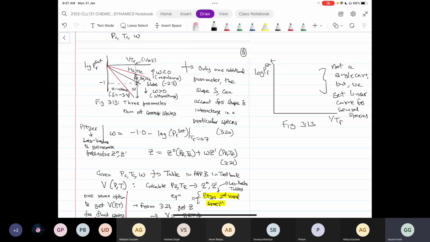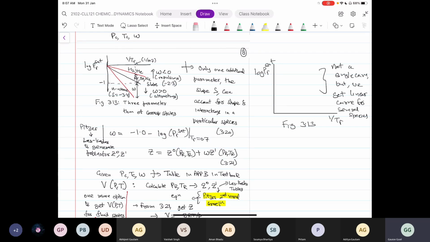The most likely scenario where this three parameter equation of state will work, as discussed in the tutorial also, are apolar and weakly polar species. Because this curve was linear, I can define one more species dependent parameter, which characterizes the slope. So this parameter omega is an indirect way of characterizing the slope.